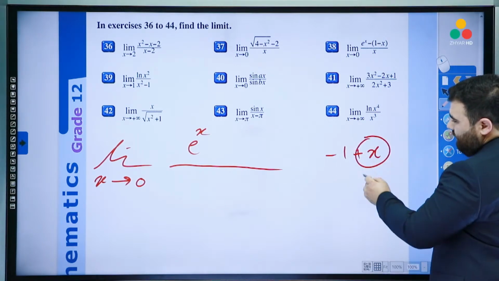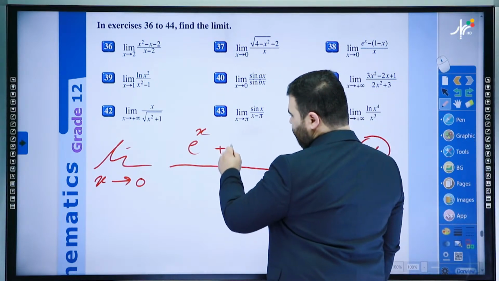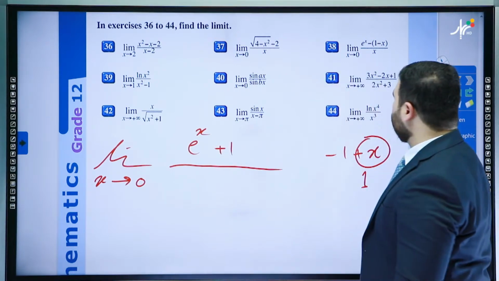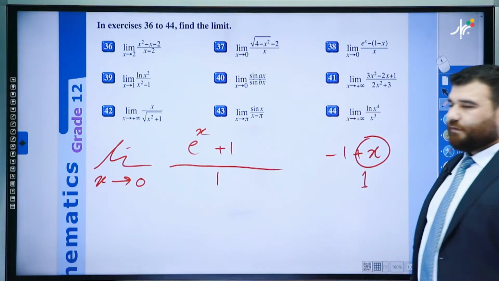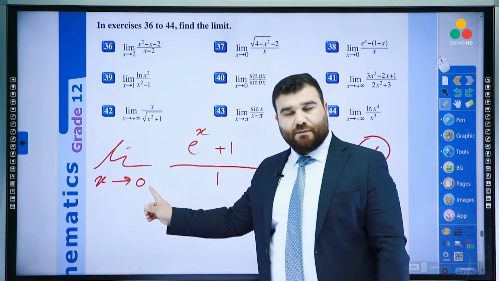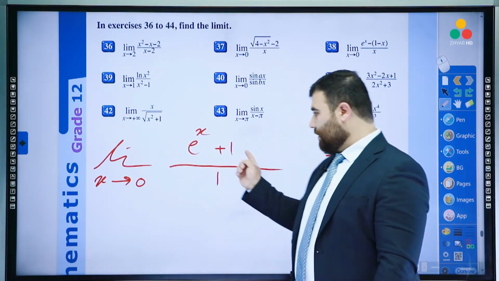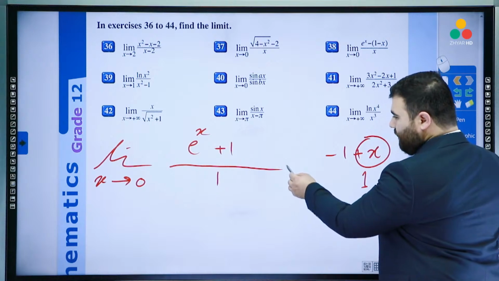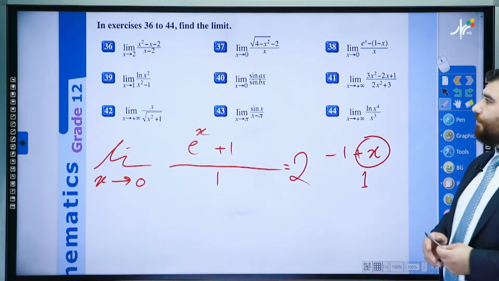Derivative of x is positive 1, so it is plus 1, over derivative of x down, which is 1. Now if I replace x with 0, it will be e to the power 0, which is 1, plus 1, that will be 2. Then the answer is 2 over 1, which is 2.